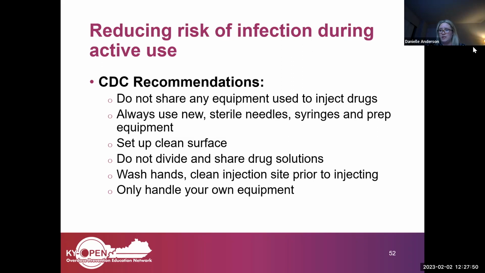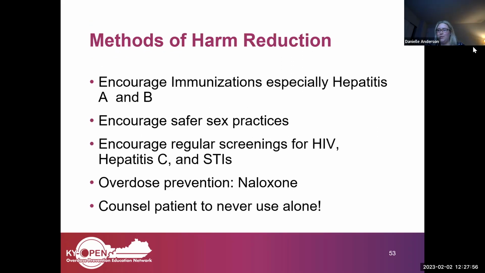So hepatitis B, we want to talk about methods of harm reduction, and hepatitis B is not curable, but some treatment exists. However, damage to the liver typically occurs faster when people have multiple types of hepatitis.